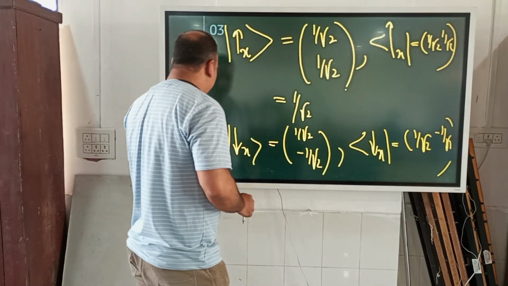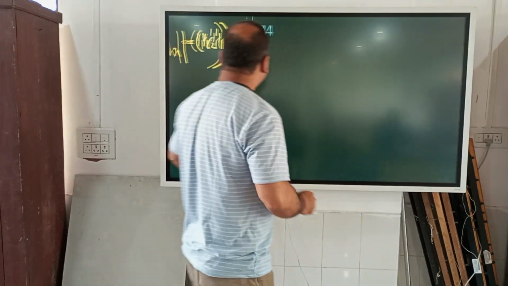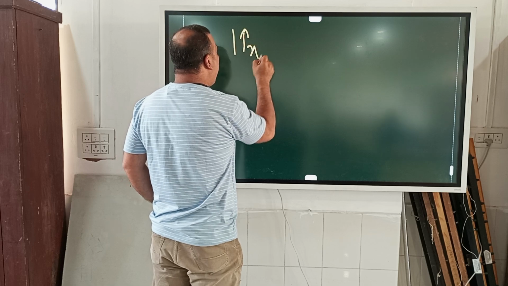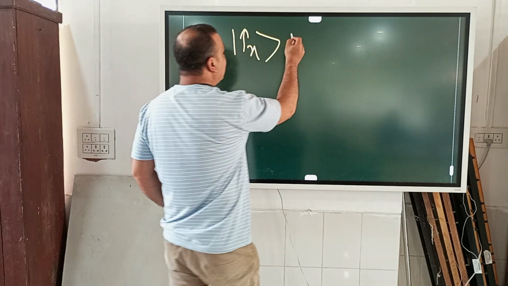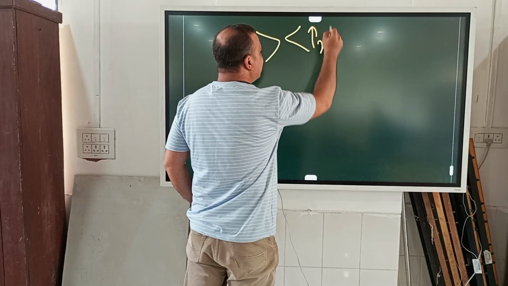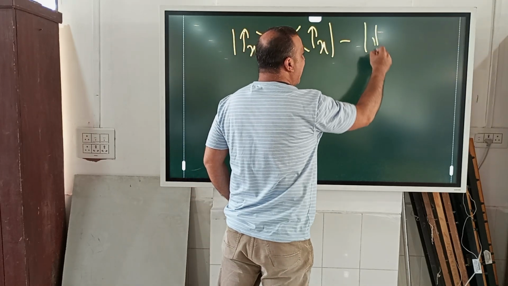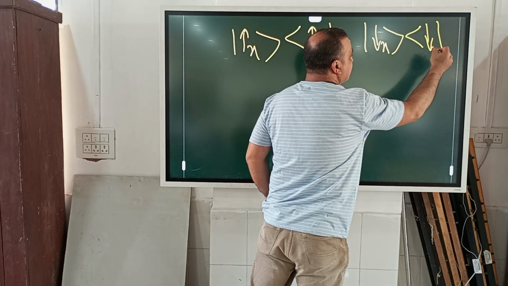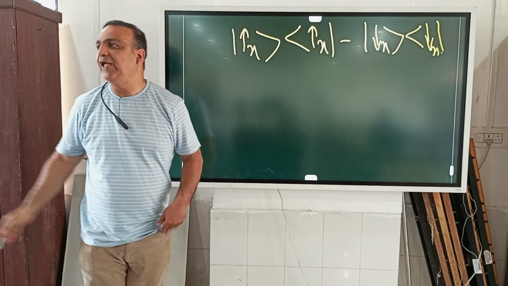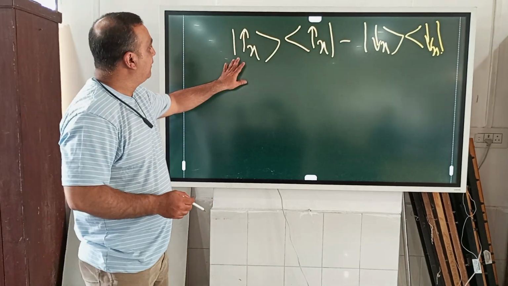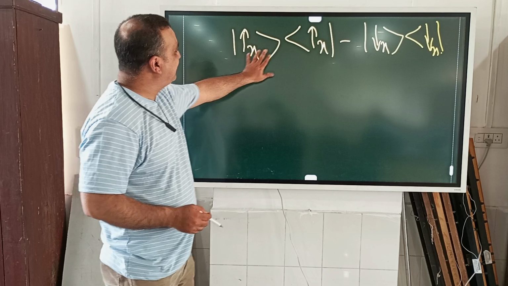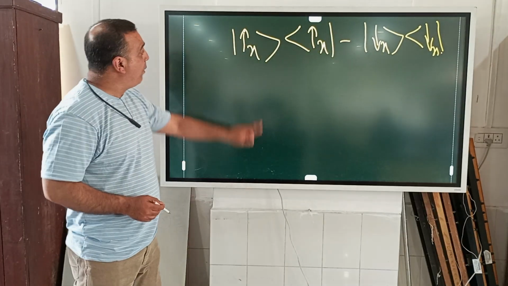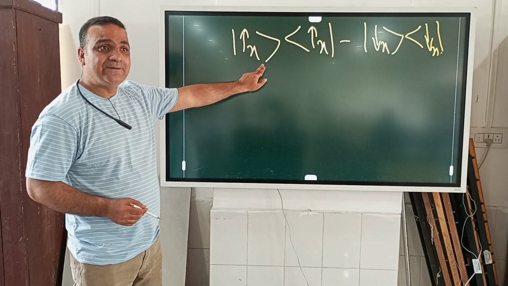Now, if I write down an outer product of spin up along x, spin up along x, minus spin down along x, spin down along x. I have written it this way: spin up ket, bra, spin down ket, bra, and you subtract the two. Now what is spin up along x?